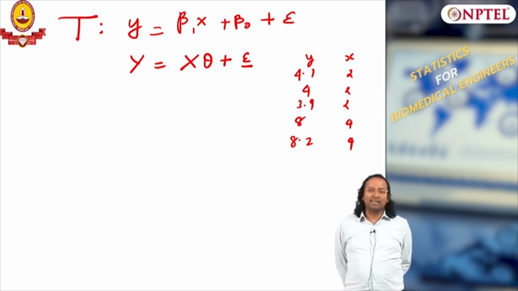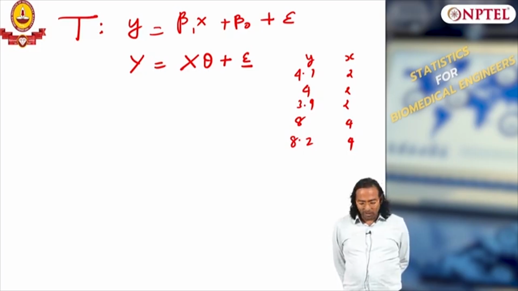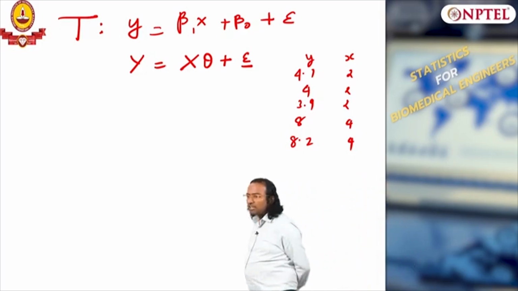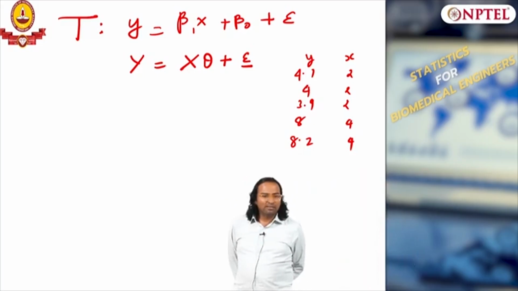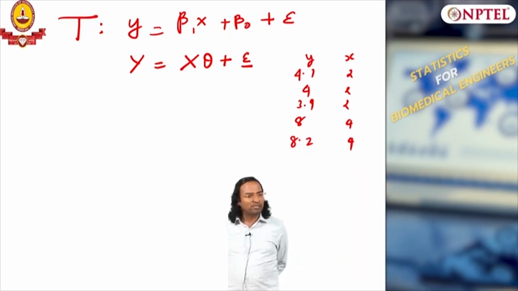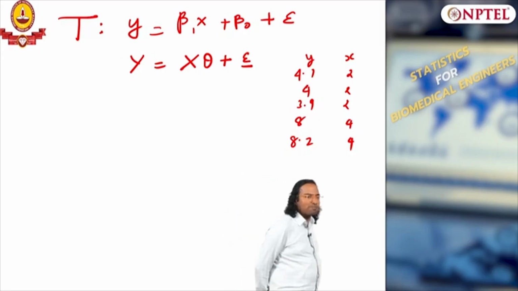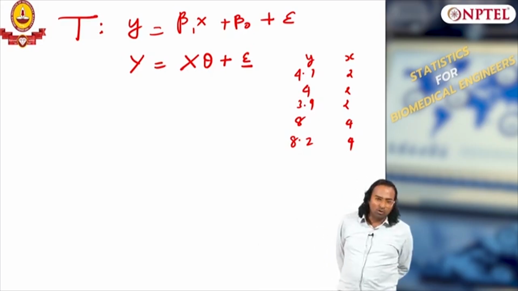Why is it not exactly matching? Because of the nature of the random experiment itself. So, I am going to assume that the variability in y is mostly explained by x, but of course there is a variability which cannot be explained by x, which is attributed to noise. You understand?